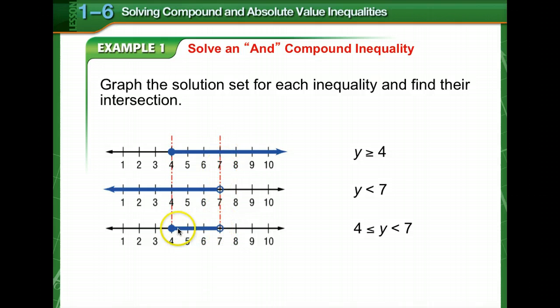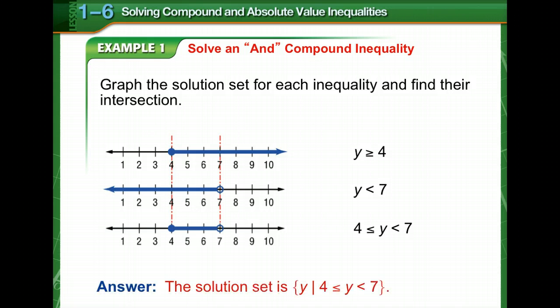So this inequality is greater than or equal to 4, but it's less than 7. So it's the part that falls in between, the part that satisfies both of these number lines. The solution set is y such that 4 is less than or equal to y is less than 7. So I do want you to put your answer in set builder notation.